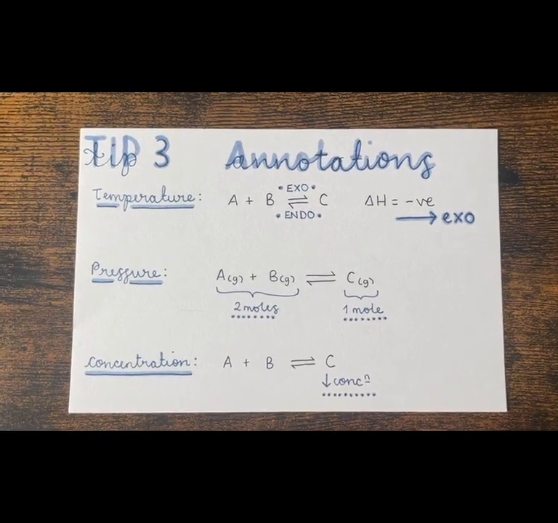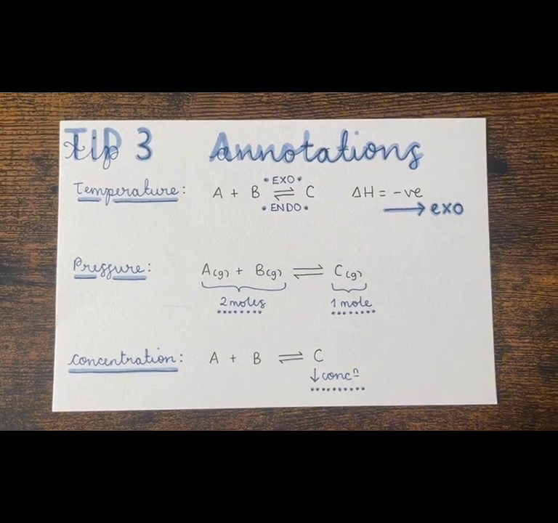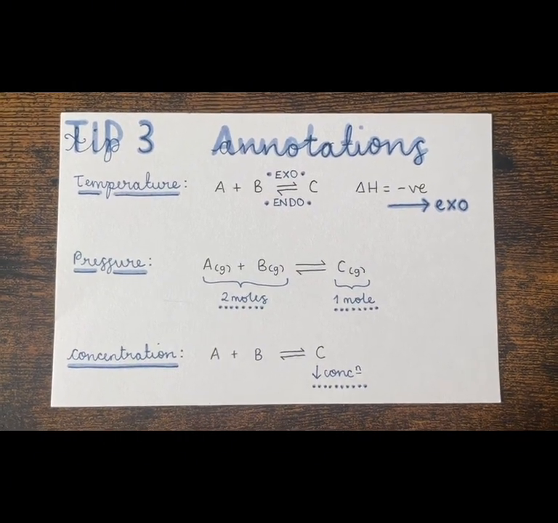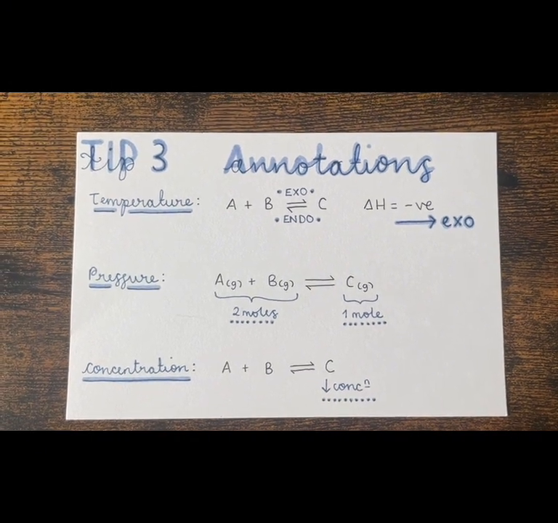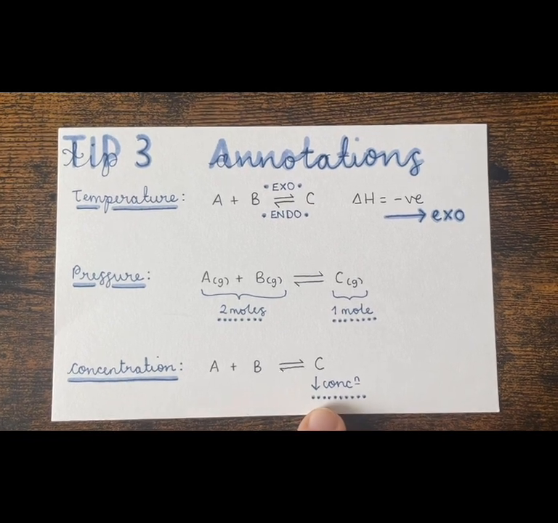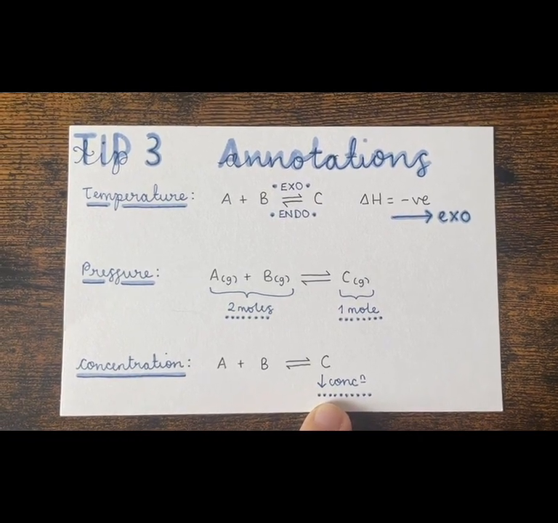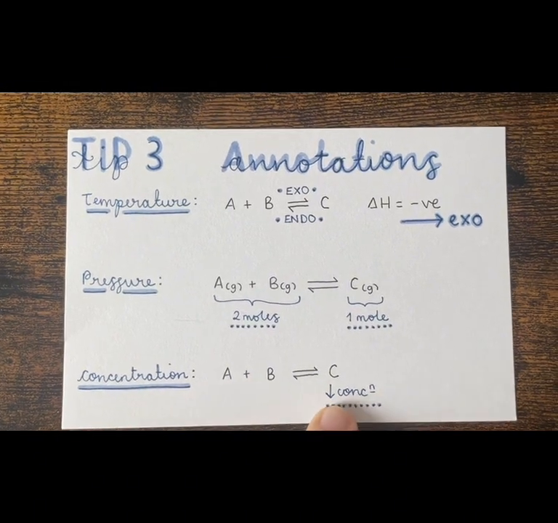Concentration is a bit trickier to know what may be potentially helpful, but again, rather than having the information in a big chunk of text in the question, I like to have the information shorthand around the information that's useful. So for concentration, what I would be doing is just identifying which substance is having its concentration changed. Is it a reactant? Is it the product?